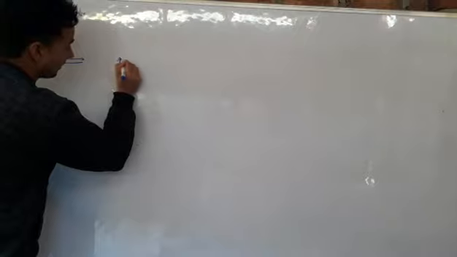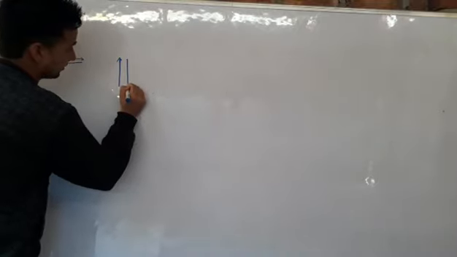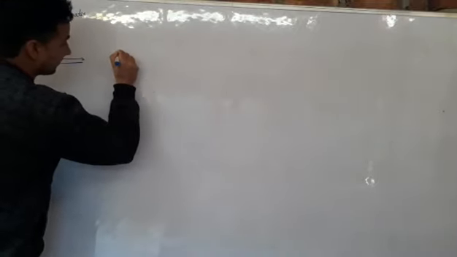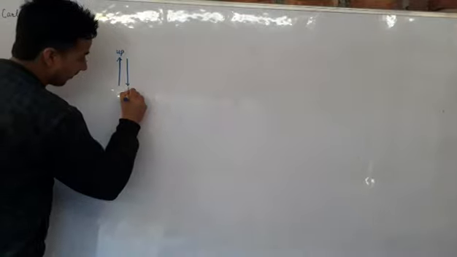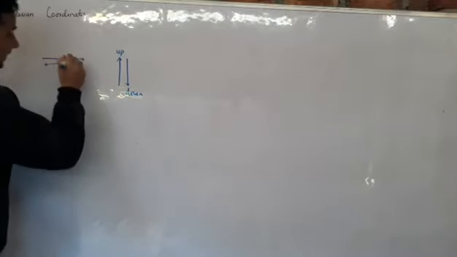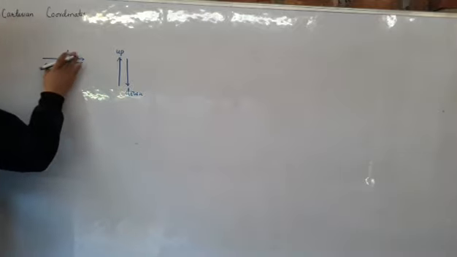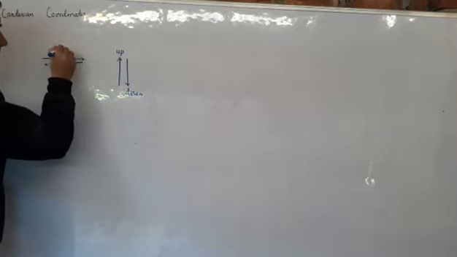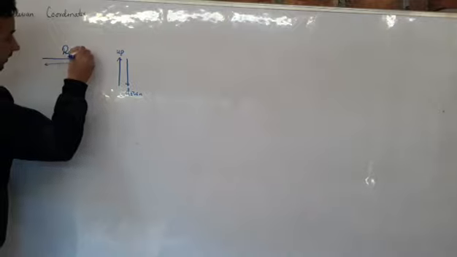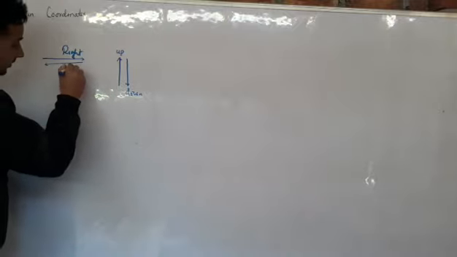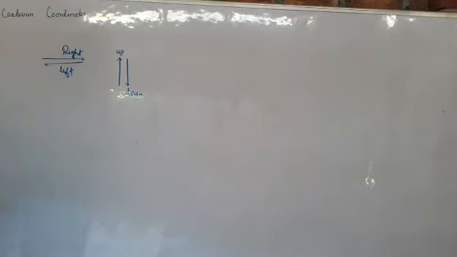This is going up and this is going down. The crossover of these lines makes a Cartesian plane.